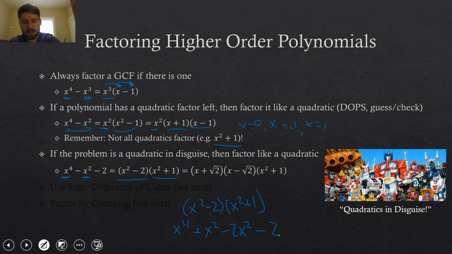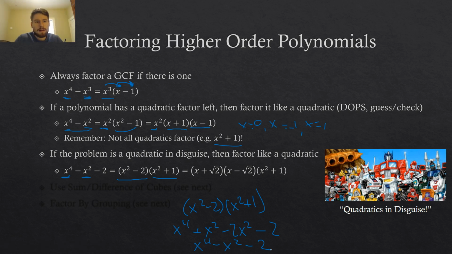And you can see from this we get x to the fourth minus x squared minus 2, which is what we started with. And then the x squared minus 2 can factor further into (x plus root 2) and (x minus root 2). Even though it's not a perfect square, it still factors just like a difference of perfect squares would. And the x squared plus 1 factor that's left doesn't factor further.